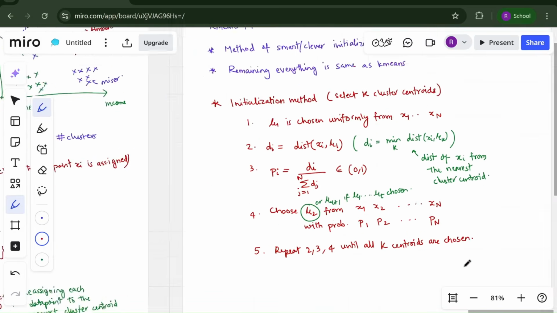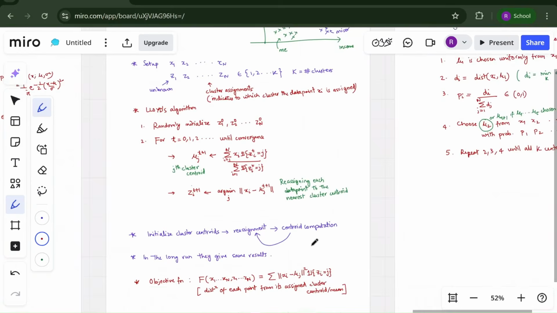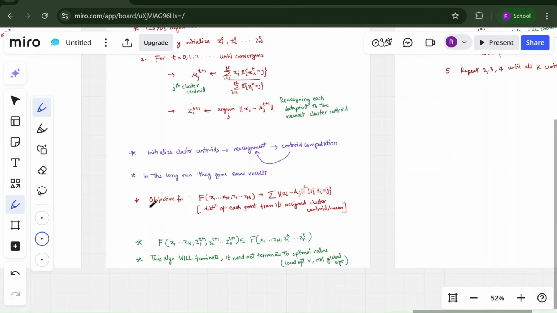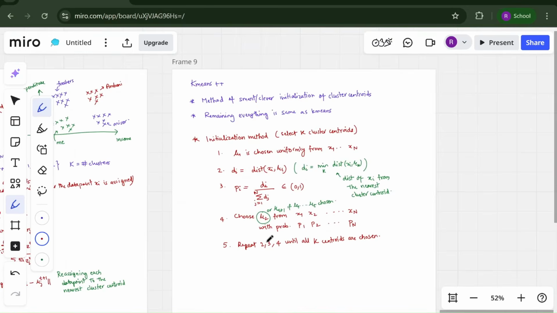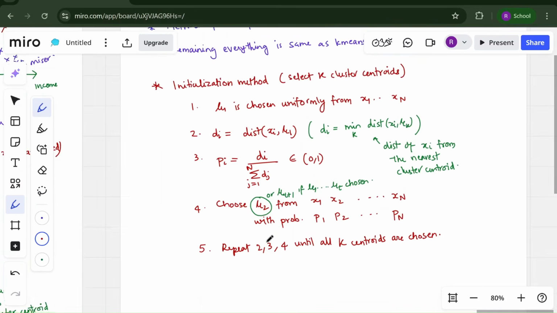Okay. So we have covered clustering and k-means, where we discussed Lloyd's algorithm and a few details about the objective function, how the objective function behaves, termination, and termination need not be to the optimal value. And then we discussed a variant, k-means plus plus, where it's almost the same as k-means, but the initialization method is slightly different, right?